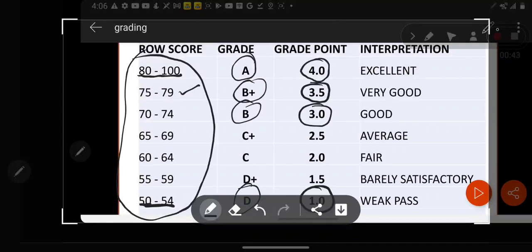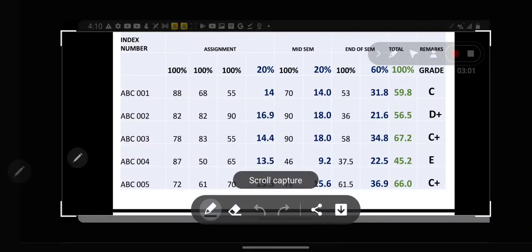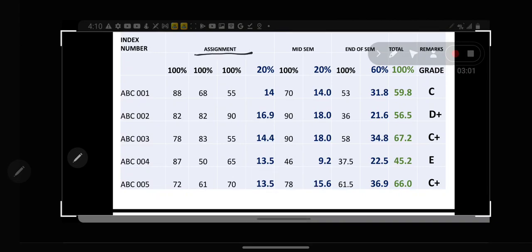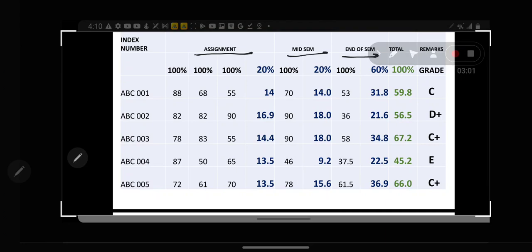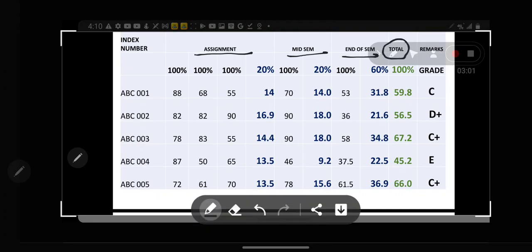And I'm going to explain that to you. Before it can be said that you scored between 80 to 100, we need your performance from quizzes, mid-sem, and end of sem to give us a total score, which is over 100.